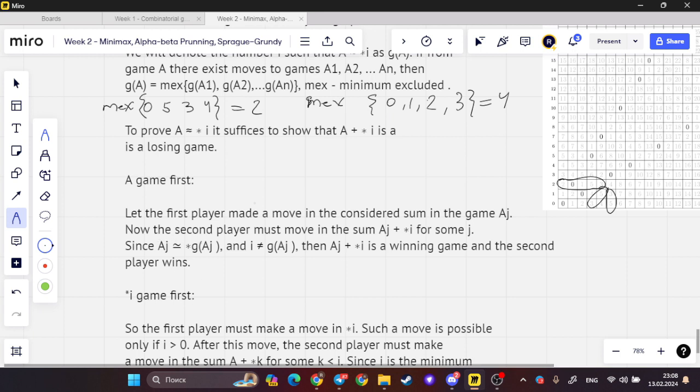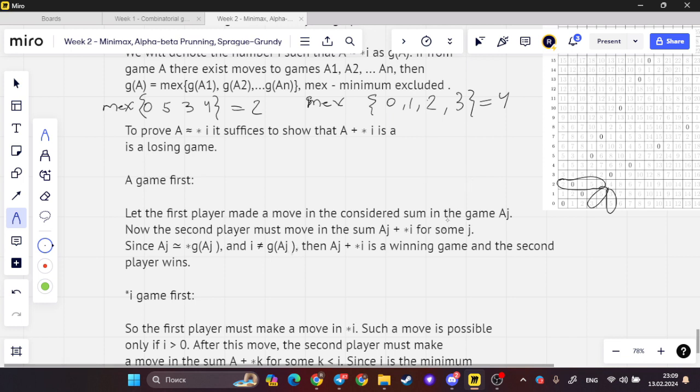Now the second player must move in the sum AG plus star E for some G. We must prove that the second player wins.